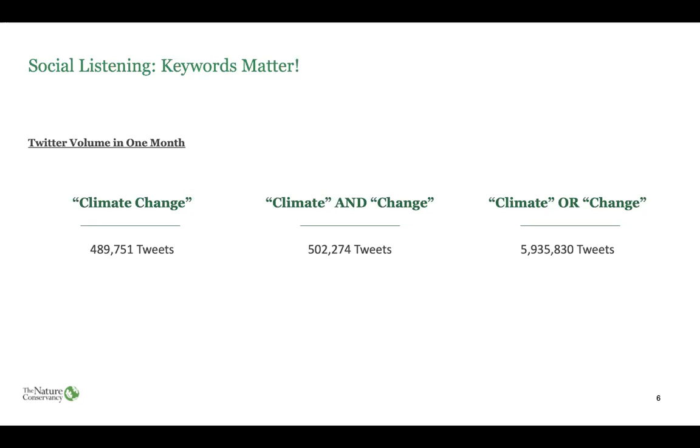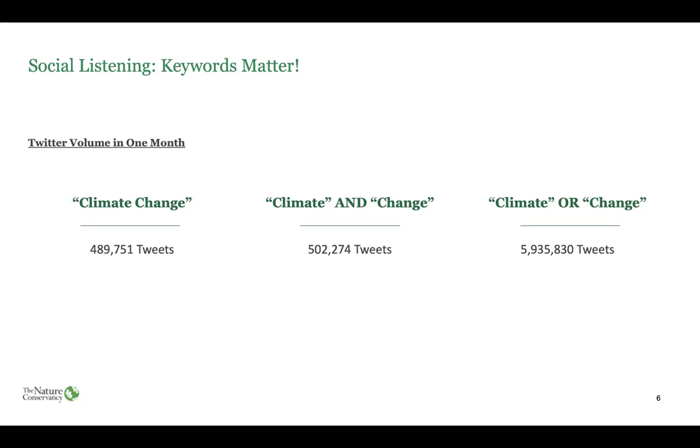you'll see that climate change comes up in different ways. So in the first example, we're looking for all tweets that mention the phrase climate change, where climate and change appear together in the quotes. In option 2, Khoros is looking for the keywords climate and change, but not necessarily together, right?